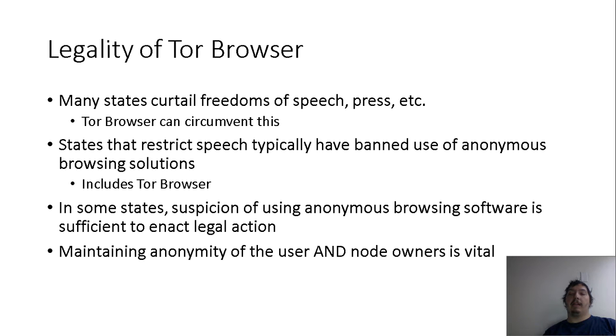And this is why, for users of Tor browser, maintaining the anonymity of both the user and the node owners is essential. Because not only could the user themselves be held legally liable, the owners of the respective nodes within the Tor network can also be held liable.